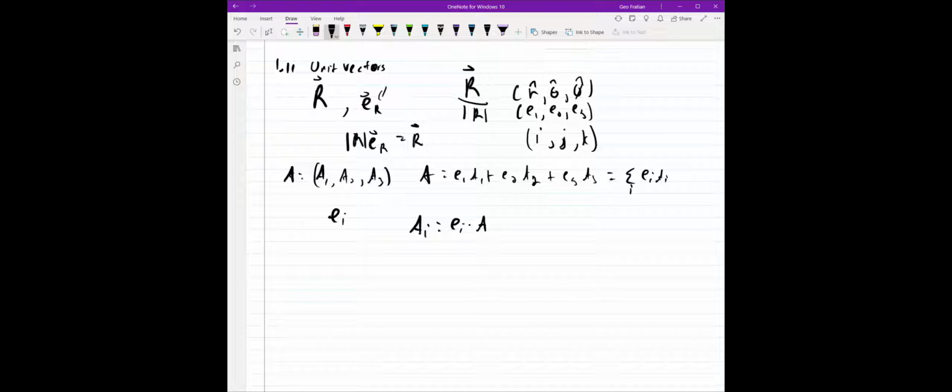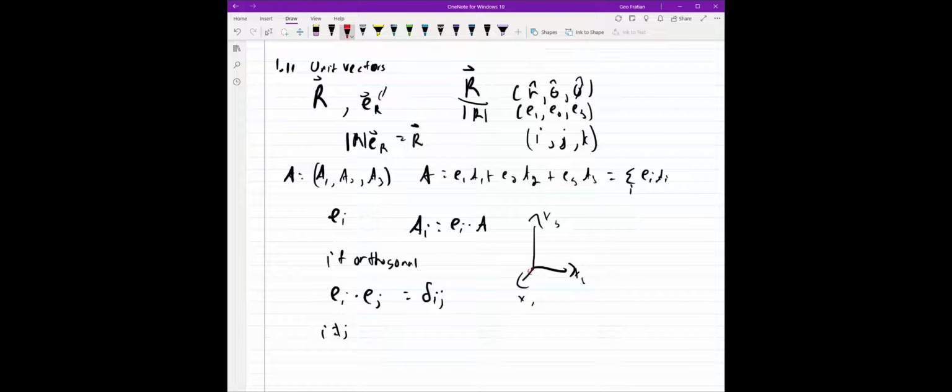So we already know that. So what we do know is that if any two unit vectors are orthogonal, e_i dot e_j, so i does not equal j, or else it'd be the same vector, right? Has to equal the Kronecker delta symbol, and that should make sense to you because let's say I have the coordinate axes like this, x1, x2, x3, and then I have the three vectors defined like that.